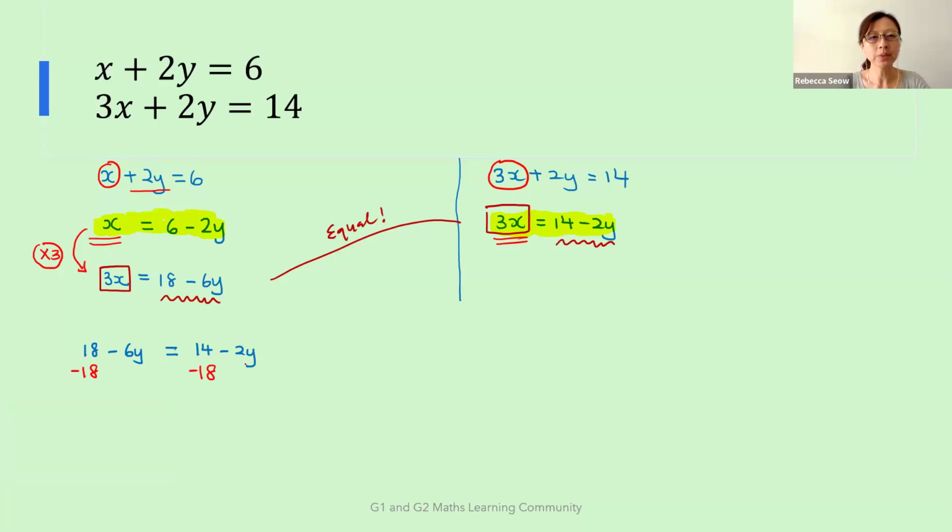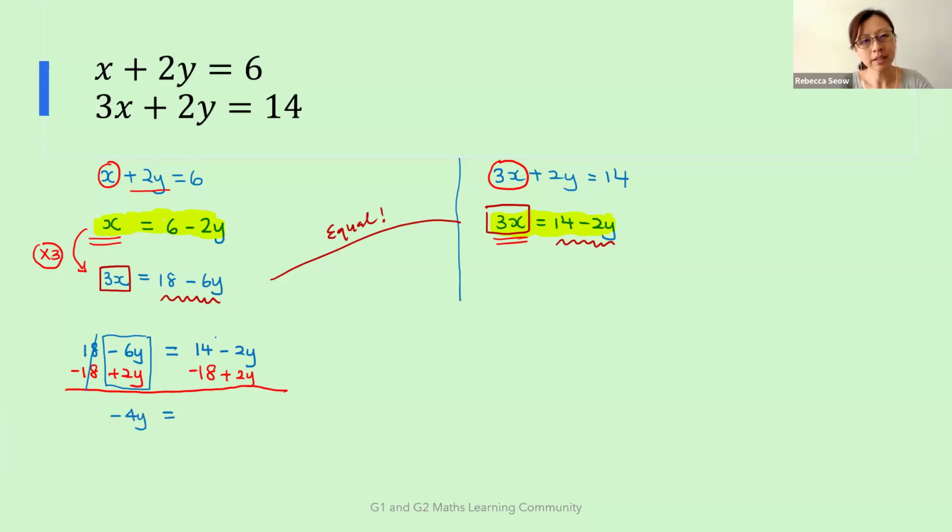And if I want to have no y terms on my right-hand side, I need to plus 2y on both sides of the equation. Now 18 take away 18, this is gone. Now this gives you negative 6y plus 2y, I will get negative 4y.